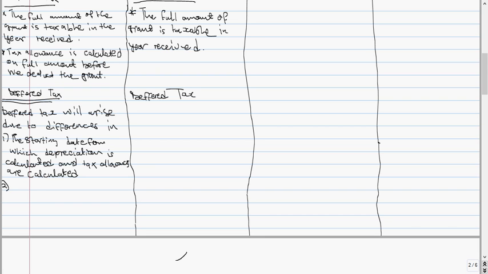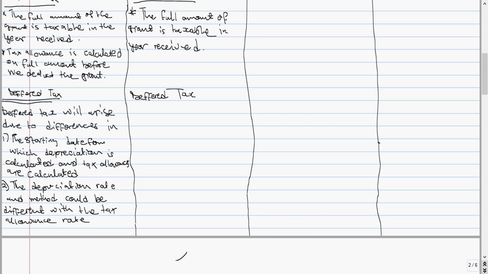And number two, the depreciation rates and method could be different with the tax allowance rate and method.